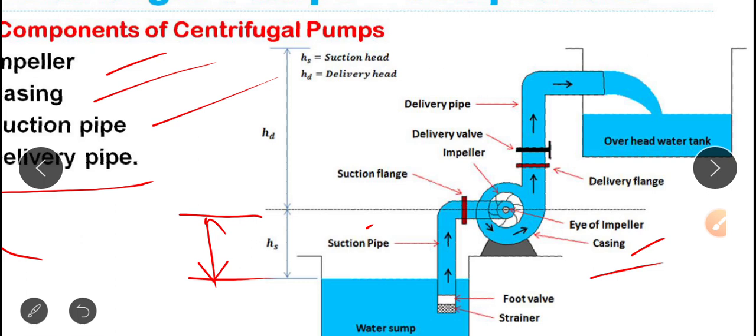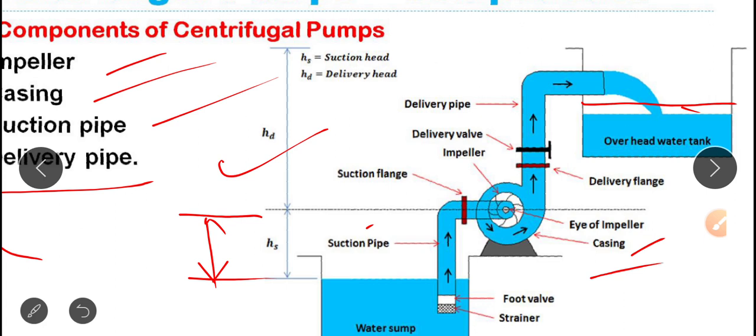From the center of the eye up to the water level in the delivery tank or overhead water tank, up to which the water is delivered by the centrifugal pump by means of centrifugal action, is known as delivery head.